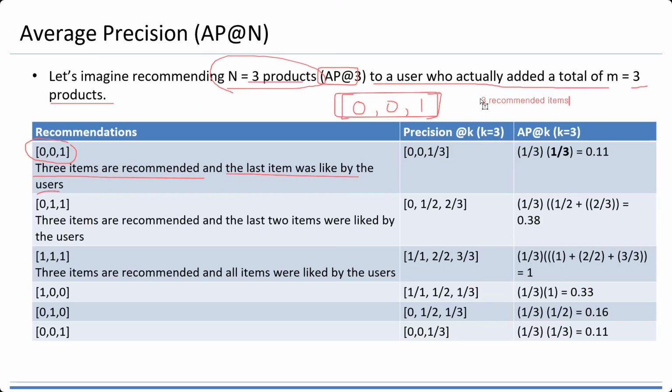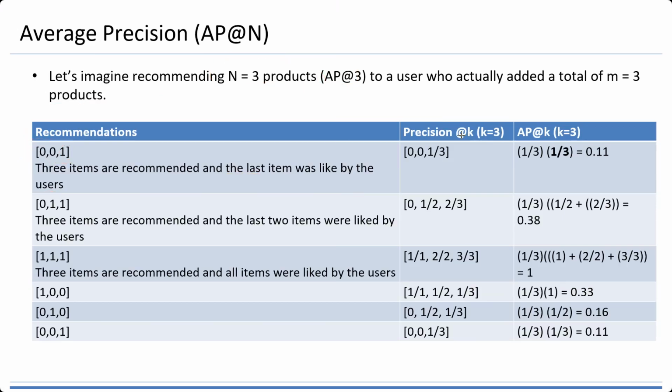Maybe if it is in an online store, we can see that when we search something, there are 3 recommended items or 5 recommended items. And among those 3 items, item number 3 was liked by the user. So the other 2 were not. And we can measure like this. The precision at K means we have the precision of item 1. What is the precision of item 1?